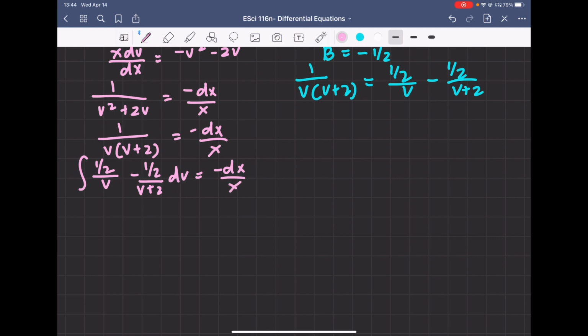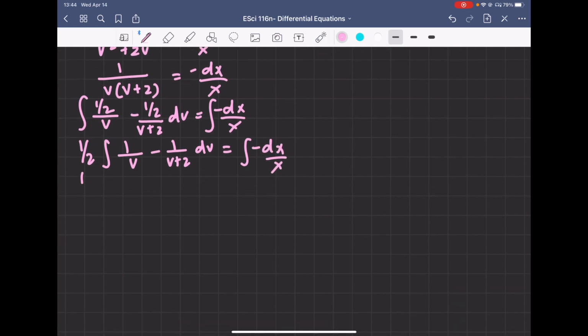We can put our 1/2 on the outside because it's a constant. So that's 1/2 times the integral of 1 over v minus 1 over v plus 2 dv equals the integral of negative dx over x.